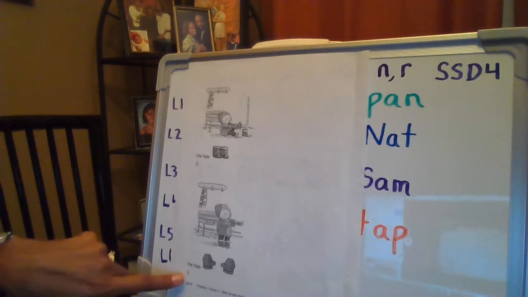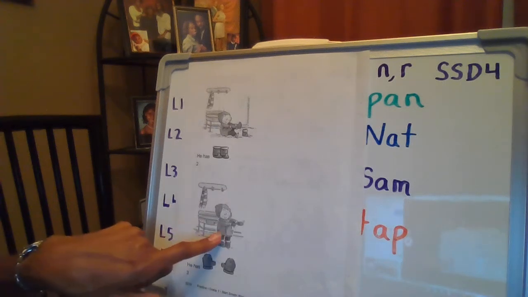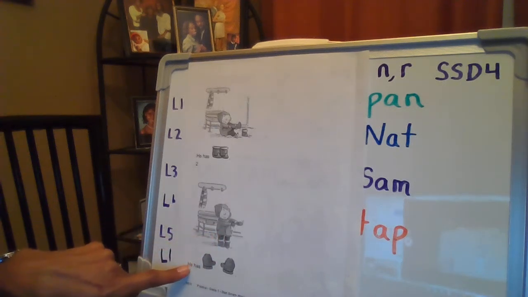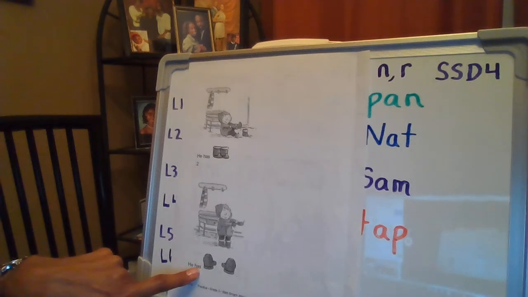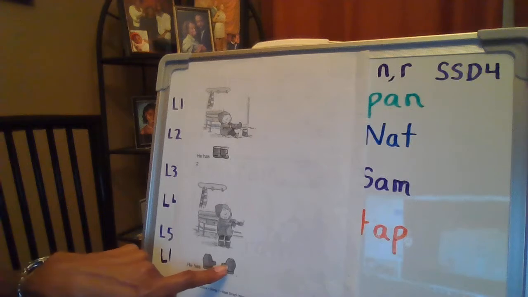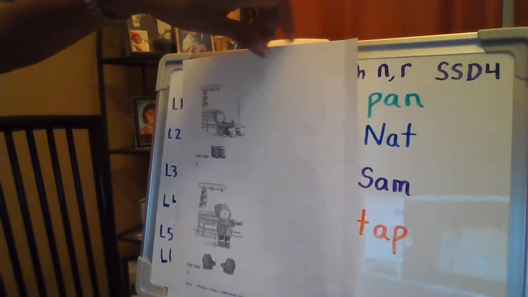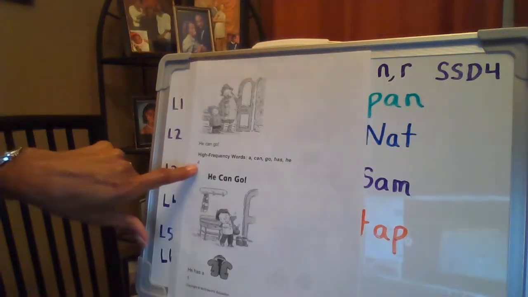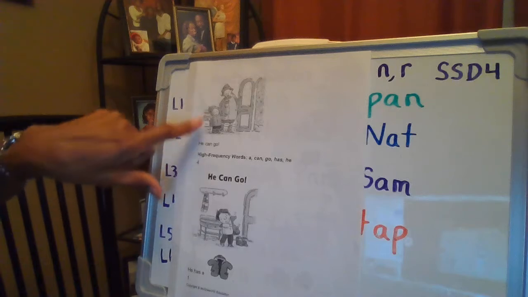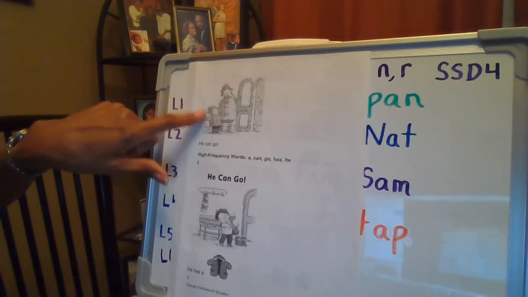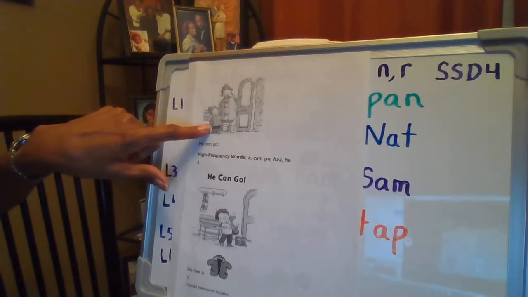Then page 3 will be at the bottom. You look at the picture. He has not gloves, but mittens. Mittens. Okay. Then you turn it back over and you go to the top where it says 4. And look at the picture. He's all ready.